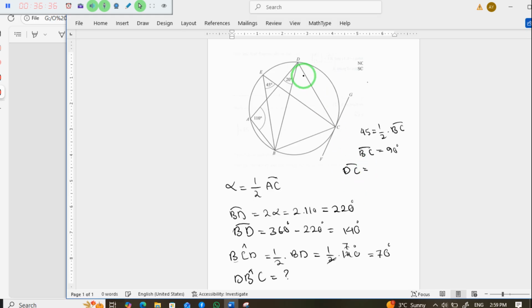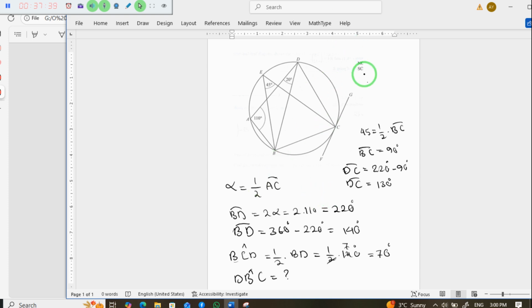DC is equal to 220 minus this side BC, which we calculated as 90 degrees. So DC is 220 minus 90, which is 130 degrees. This is the amount of this arc. We should calculate this inscribed angle. DBC is half of this arc.